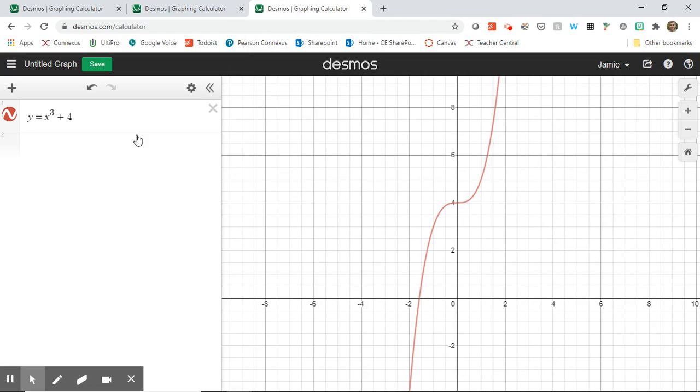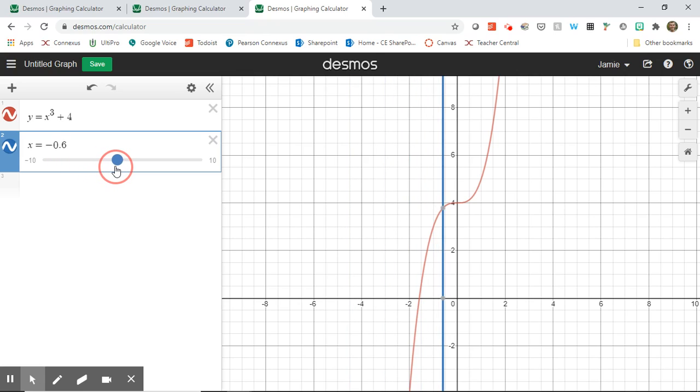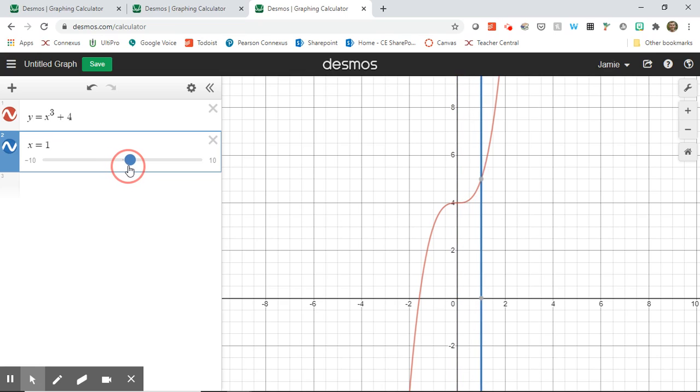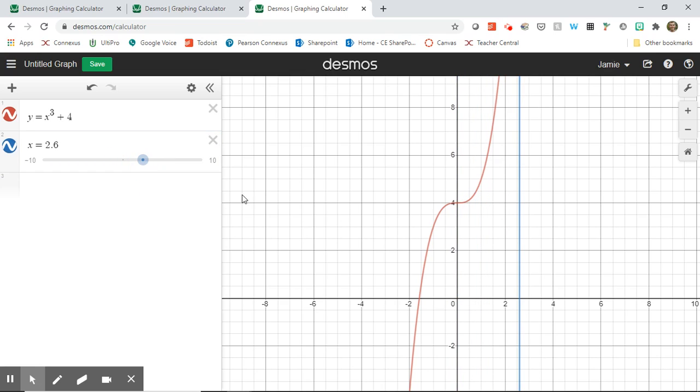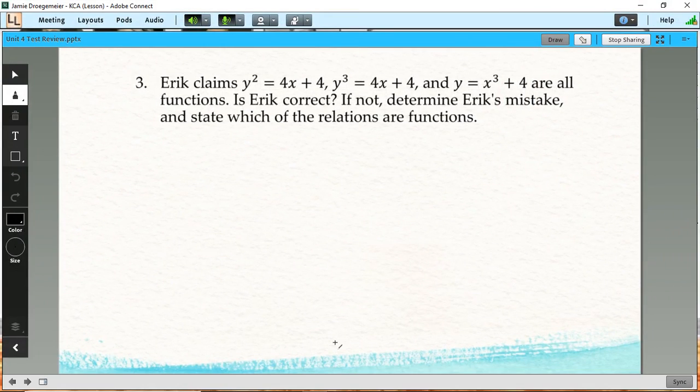And then our last one, y equals x to the third plus 4. And so again, only hitting one point everywhere we go all the way through. So that one is also a function. So when we go back to our question here, he is not correct.